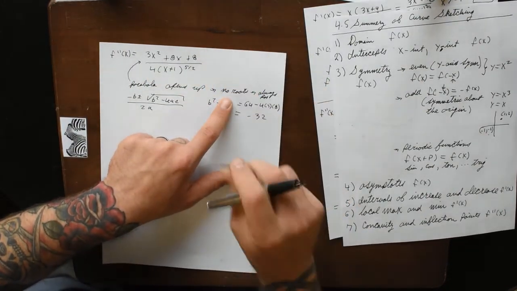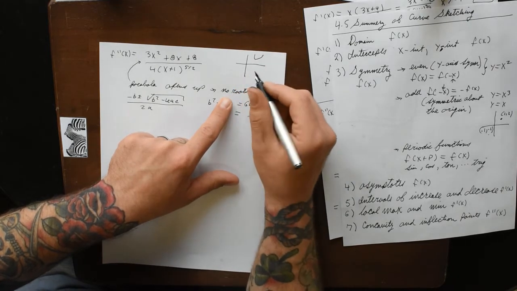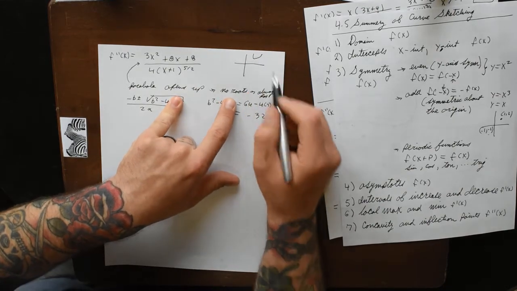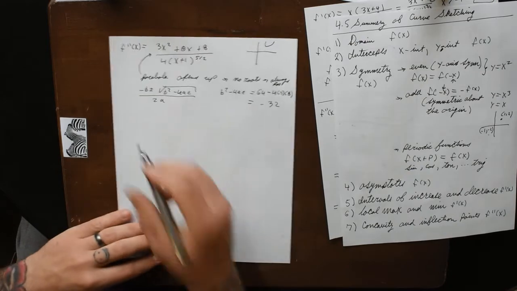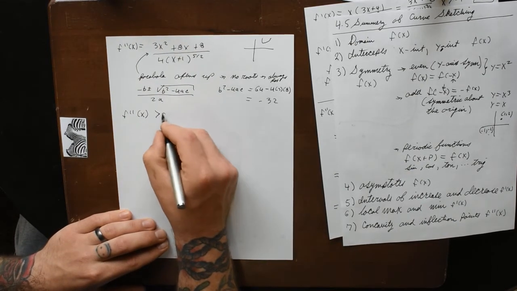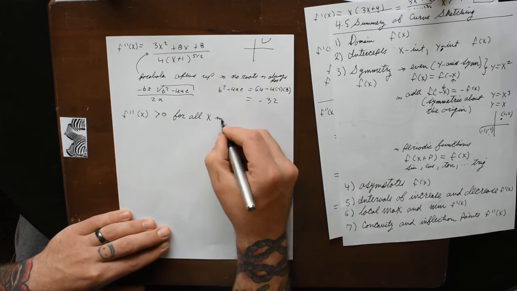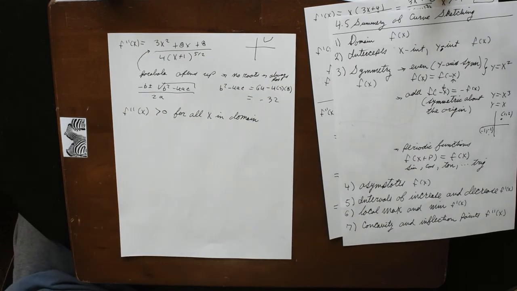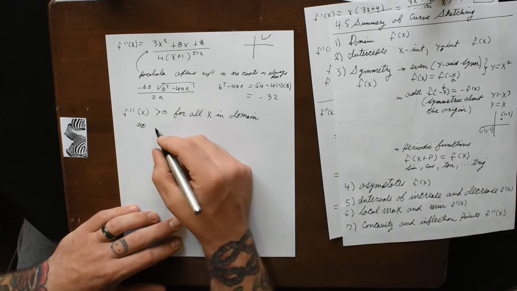Well, since it has no zeros, that means it looks something kind of like that. It opens up, it really looks like that. If it has no zeros and opens up, that means it's always going to be positive. So we know that f double prime of x is bigger than 0 for all x in the domain. And we also know that there are no inflection points.